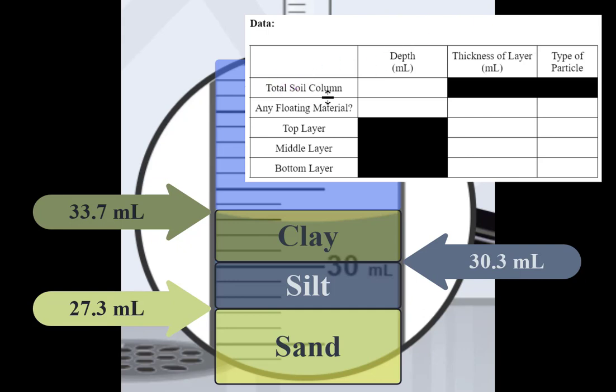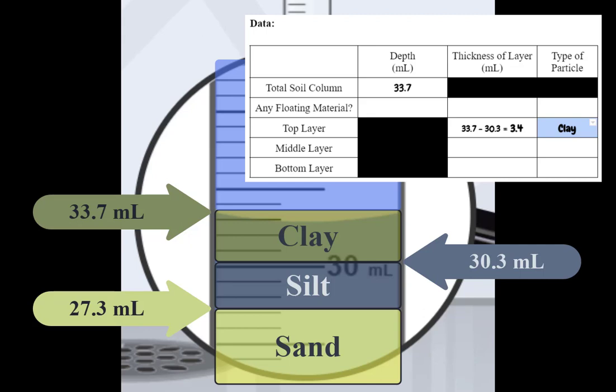If I take a look, the total soil column, that is the topmost layer of the clay, that is 33.7 milliliters. I can note whether there's any floating material, and then the top layer I do by taking 37.7 and subtracting 30.3 to get the thickness of the top layer, and that is a clay layer.